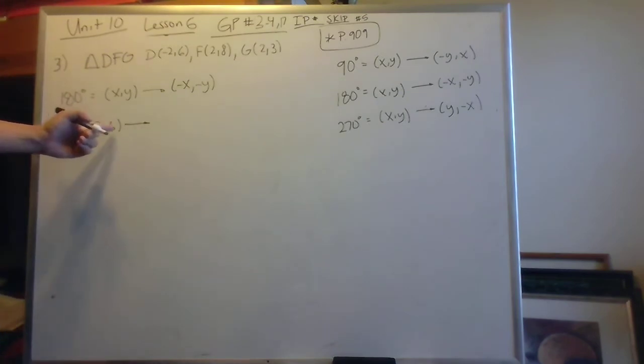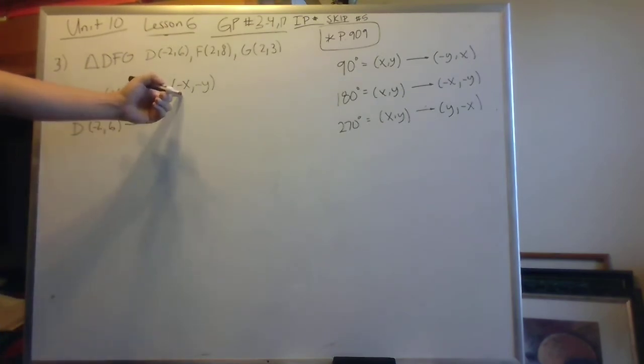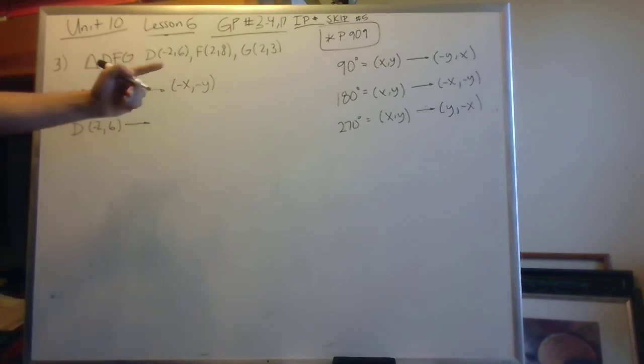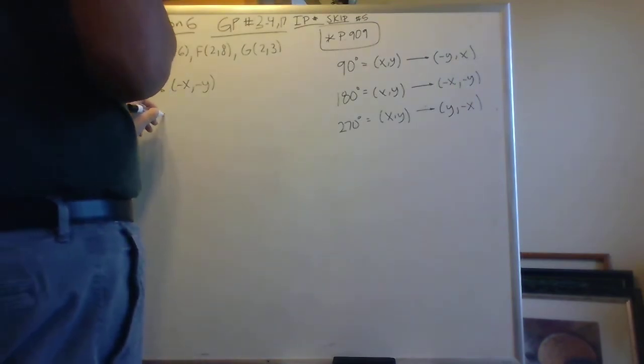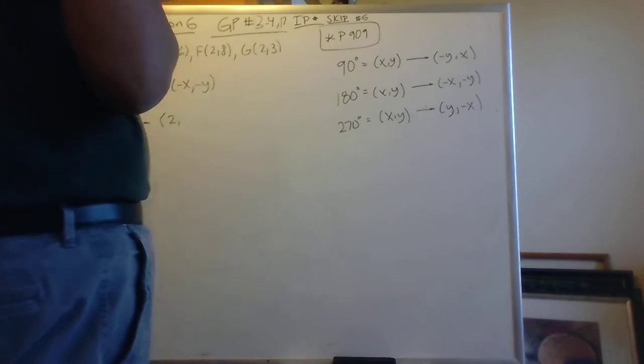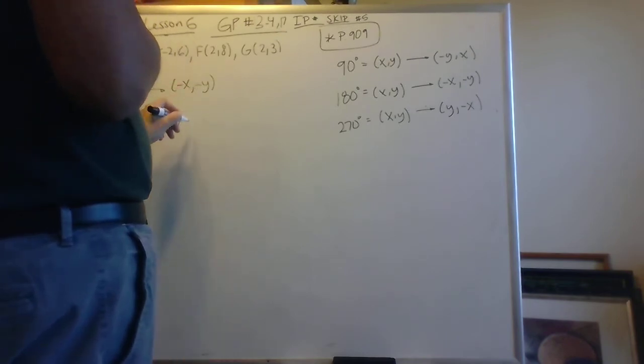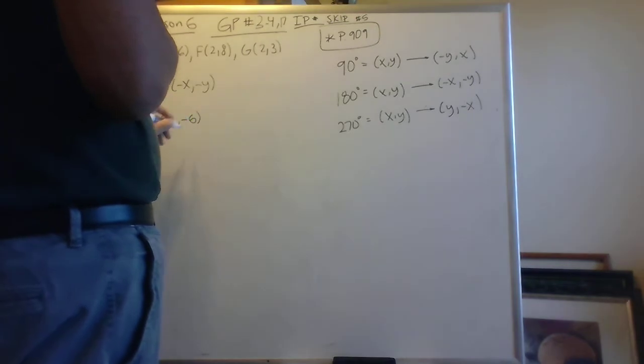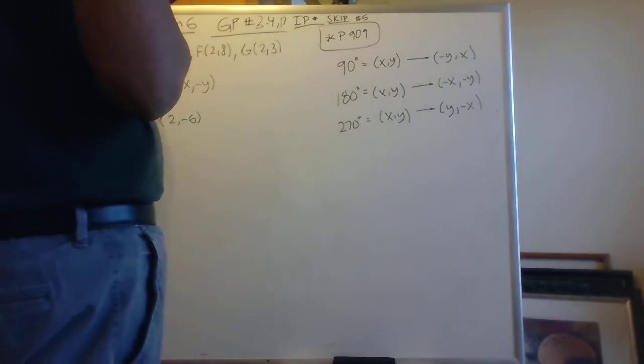Well, if it's negative 2, 6, we have to change it into negative x, negative y for a 180-degree rotation. So that negative 2 is going to become positive because we're changing the sign. And since 6 is positive, we make it negative 6 because it's a negative y. So this is our new D prime.